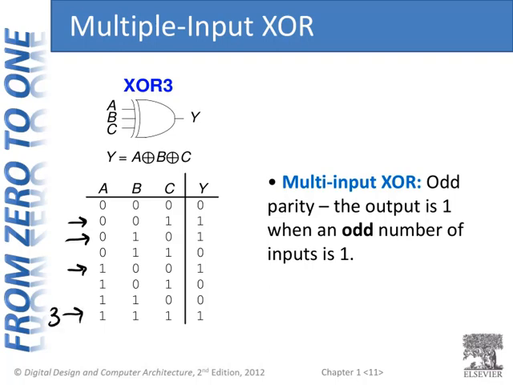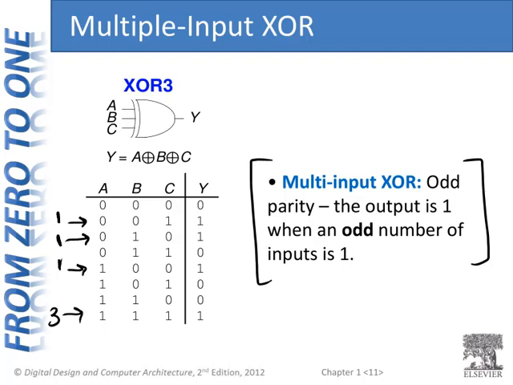So we have 3 inputs being 1, and in these cases we have 1. So the output is 1 when an odd number of inputs is 1. This definition still holds true for the 2-input XOR gate too.